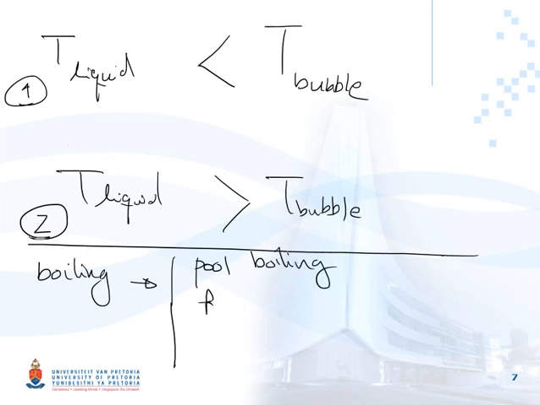Flow boiling, I mentioned it at the beginning. These two. But what are the differences between pool boiling and flow boiling? Because when we categorize boiling into these two, most probably they have some kind of differences.